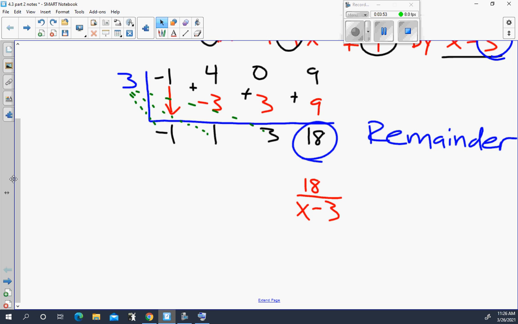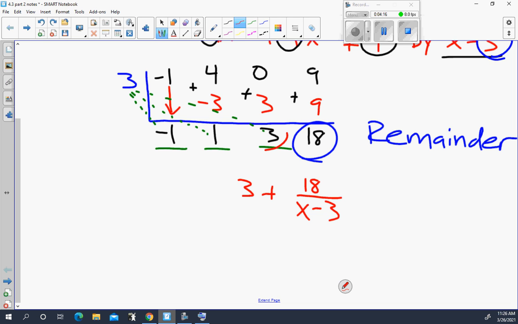Now we have these three numbers, negative 1, 1, and 3. We just have to know what's attached to those. I like to work backwards, from right to left. This is a plus 18 over x minus 3. What number comes next? The 3.